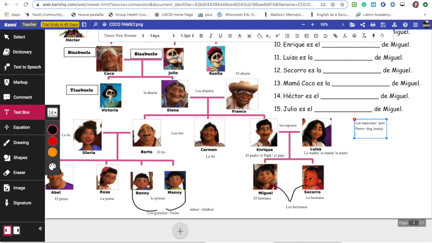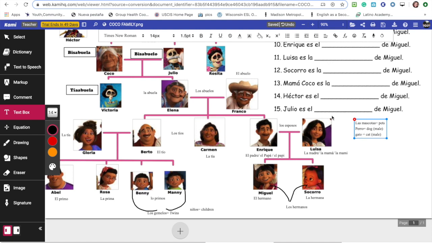And then we have gato, that is a cat, male. So how am I going to change this to female? I'm just going to change the ending, perra or gata, okay?